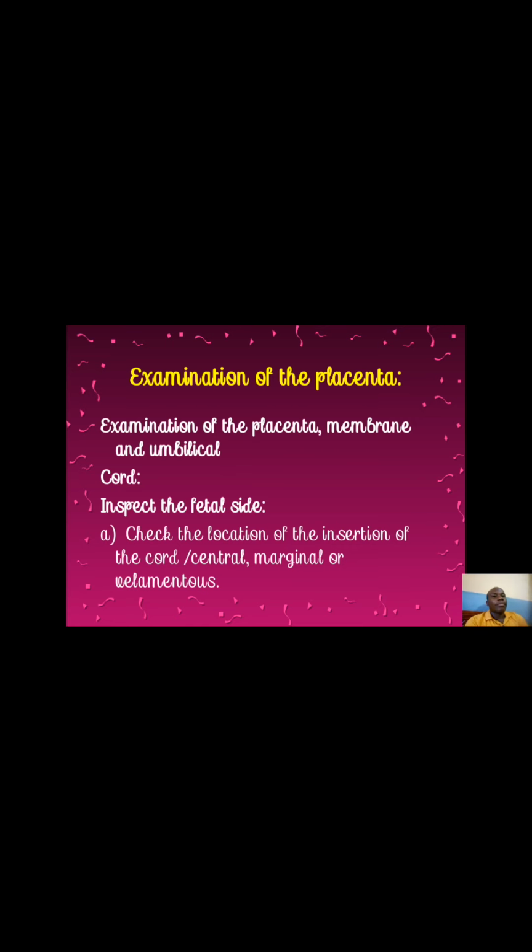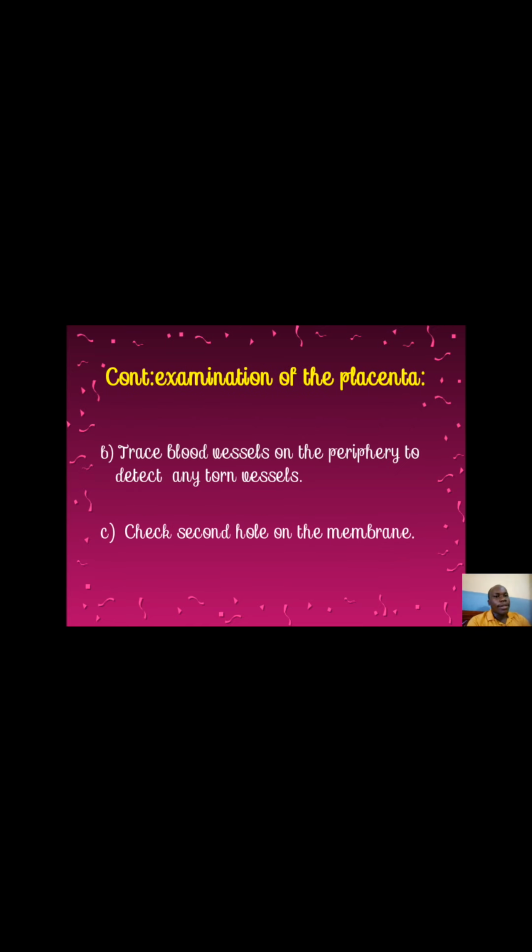Trace blood vessels on the periphery to determine any torn blood vessel. Angalia kama kuna torn blood vessel au blood vessel ambazo zimebana kwenye umbilical cord. But also check for holes.